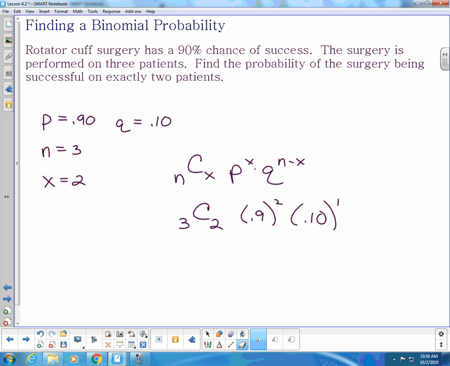I get 0.243. So what you got? We can write that as 24.3% chance of it working for exactly 2. Okay. Easy enough?